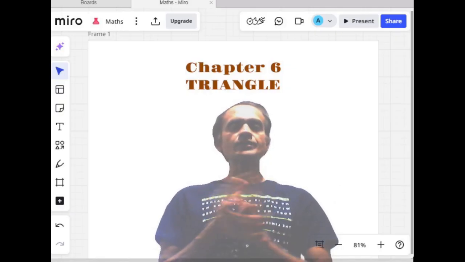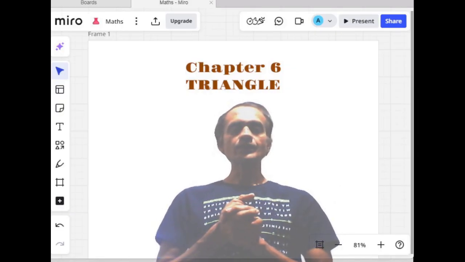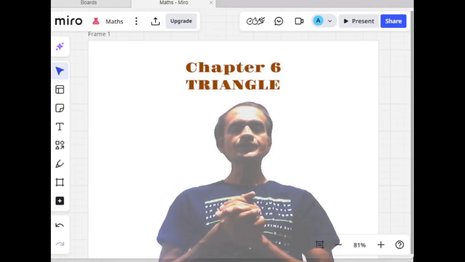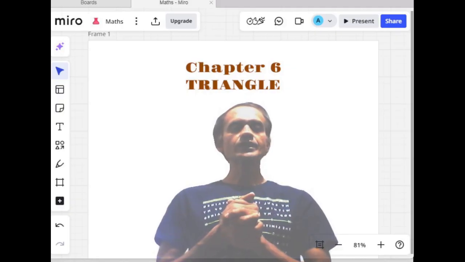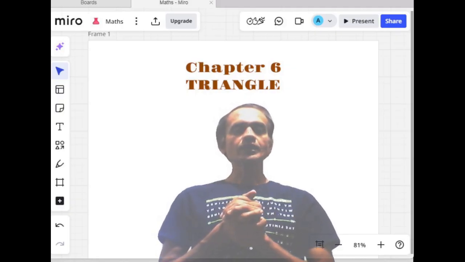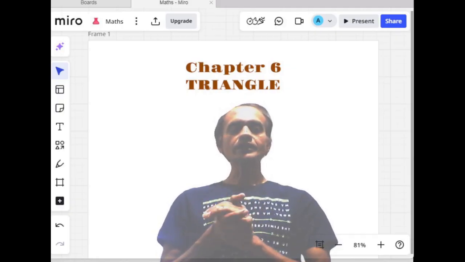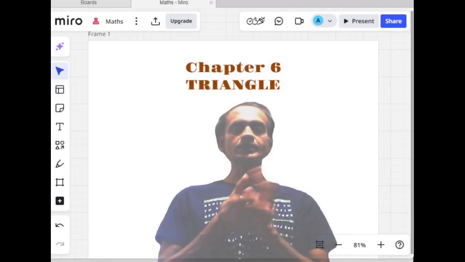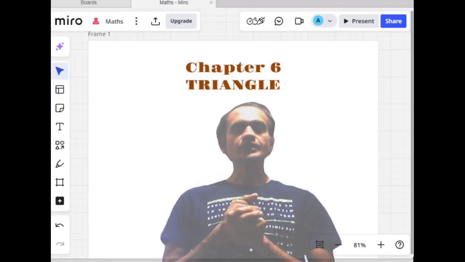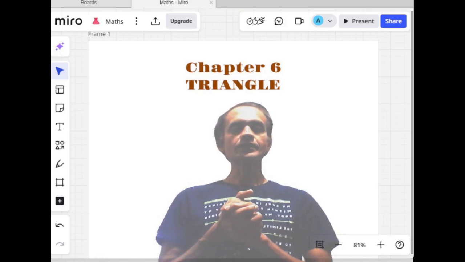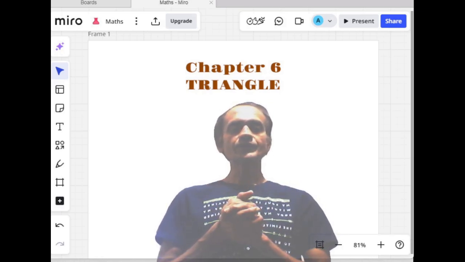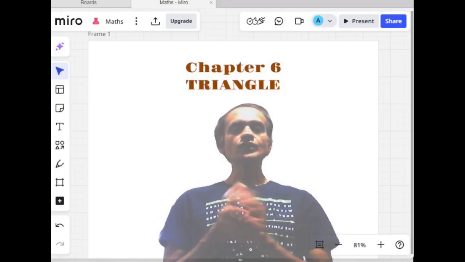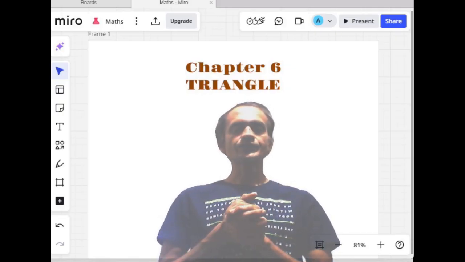This chapter is concerned with triangles, so we'll study various theorems based on which we can prove that a particular triangle is similar to another triangle. And we will also learn about the relation between the areas of two similar triangles.